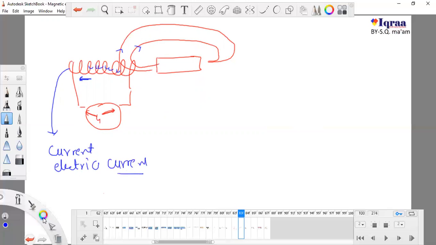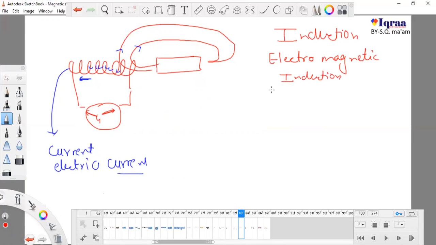So we were studying induction. We were studying electromagnetic induction. In this case, we studied that two things will be given. One thing will be magnetic field lines.